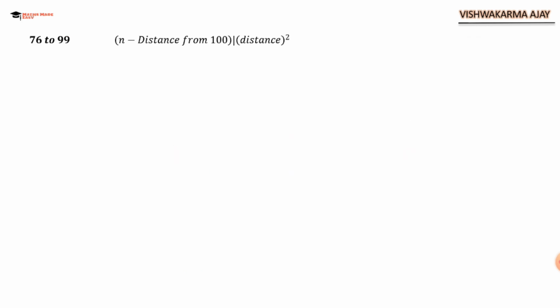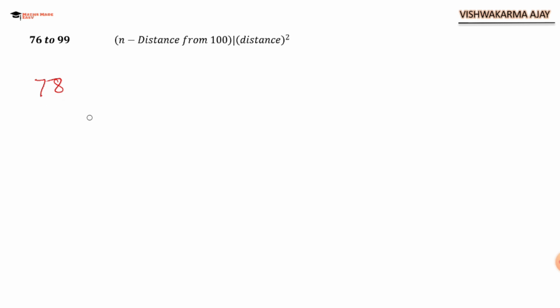Third part, 76 to 99. n minus distance from 100, and the other half is distance square. Let me explain with an example. We will take 78. Now first find the distance from 100. The distance of 78 from 100 is 22.